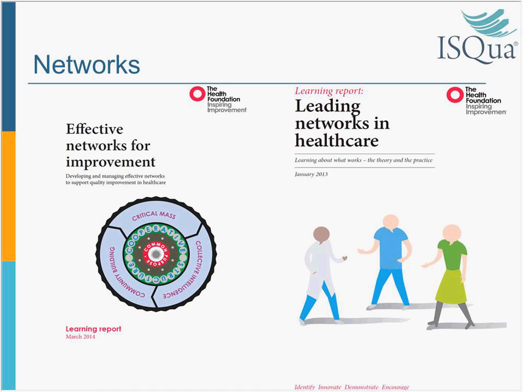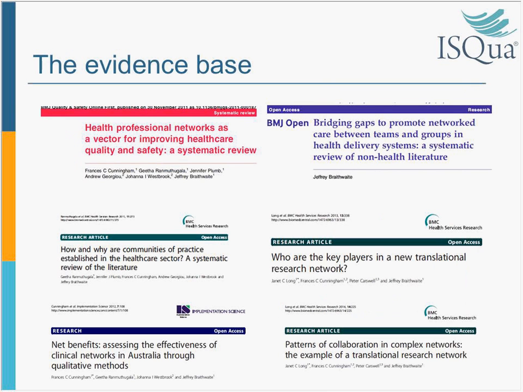In terms of network theory, I'm just going to give you the references here. The Health Foundation has two very good monographs on it that you can download. And there is the evidence base, mainly done by one of our board members at ISQua, Jeffrey Braithwaite. His team in Australia have really looked at the evidence base for the use of networks in healthcare.